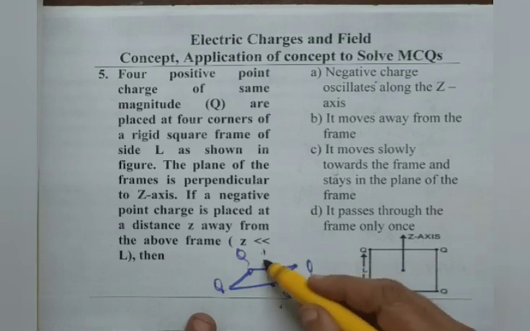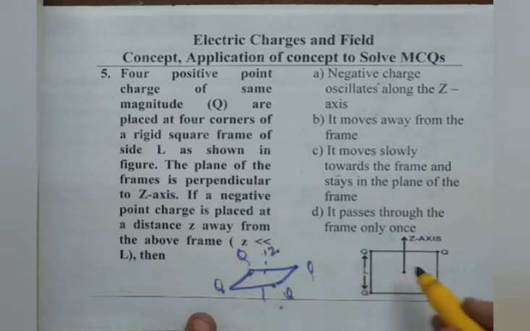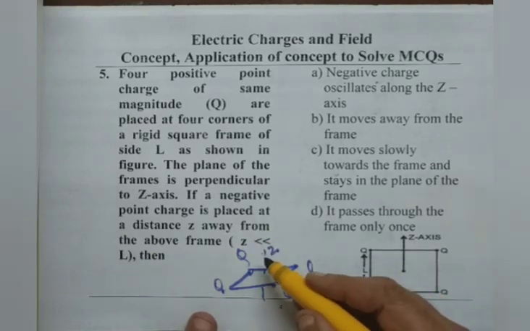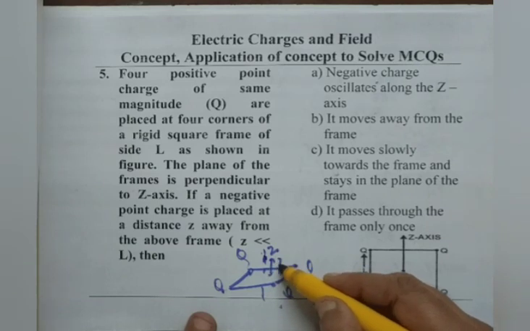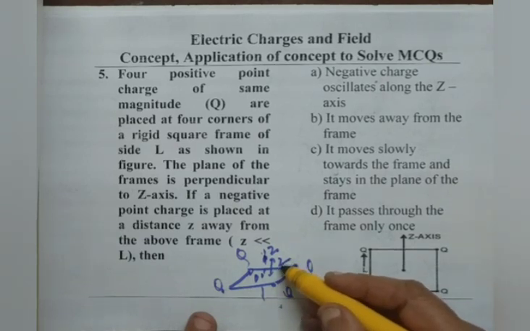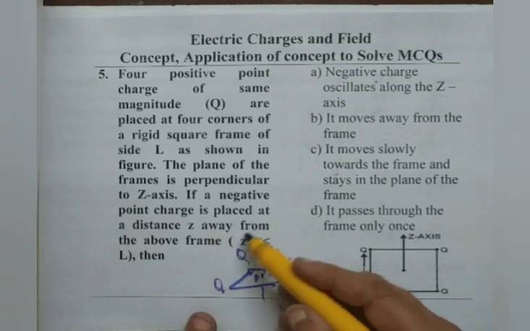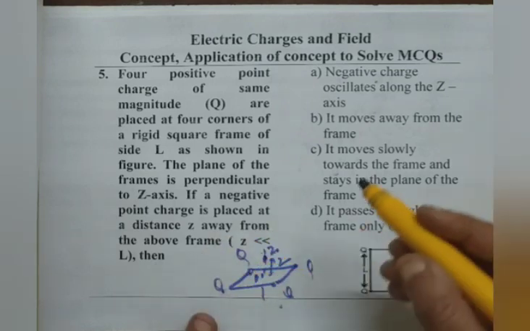So this is the z axis, as it is given. Then if a negative charge is placed at a distance z, say at this point, from the origin which coincides with the center of this frame, z is much smaller than L, then which is correct?